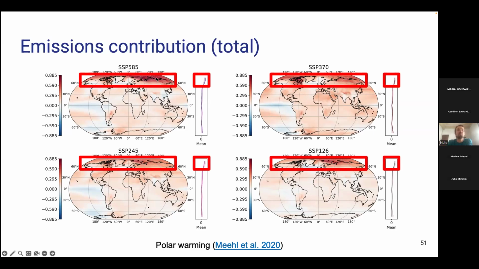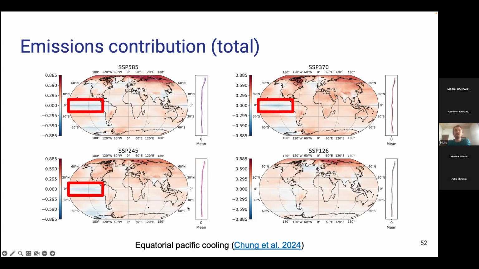Firstly, we see polar amplification, so warming in the northern hemisphere near the poles. And this is consistent across all scenarios and is highest in SSP 585. And we also see some equatorial Pacific cooling, which is also something that we've seen in literature in all scenarios except for SSP 126.